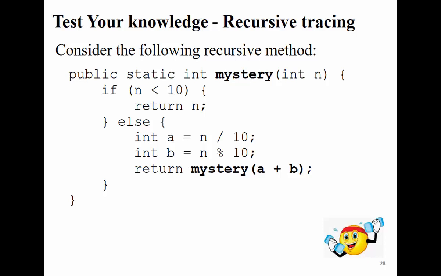We need to look: does the base case exist? Can you identify the base case? What is the base case? If n is less than 10, we're going to return n. That is the immediate solution. Otherwise, we have the recursive call. How many recursive calls do we have? One recursive call. Is the recursive call reducing n, making progress toward the base case?